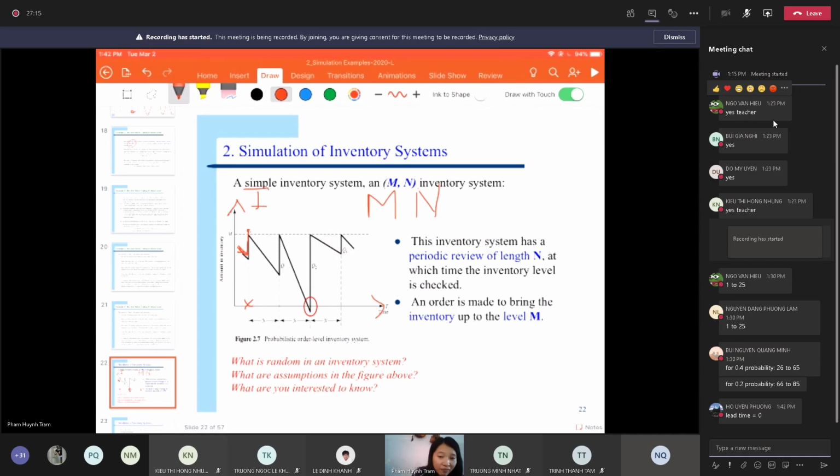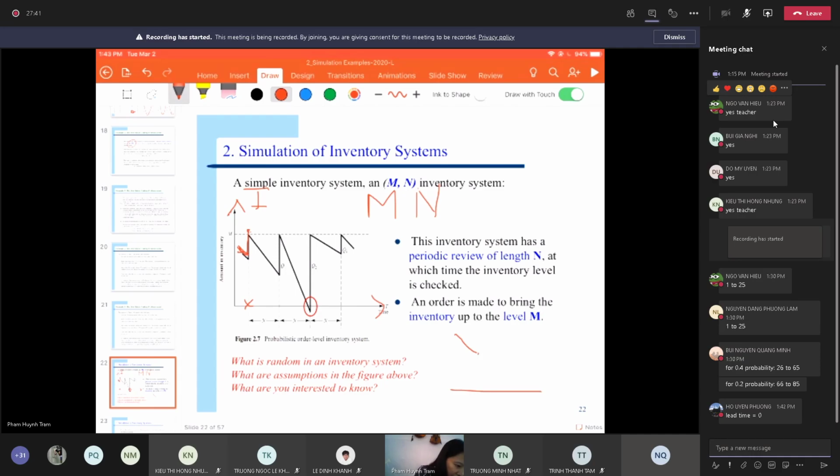But if there's a lead time, for example, then our figure should look something like this. We plot another figure here. Our inventory level goes down.